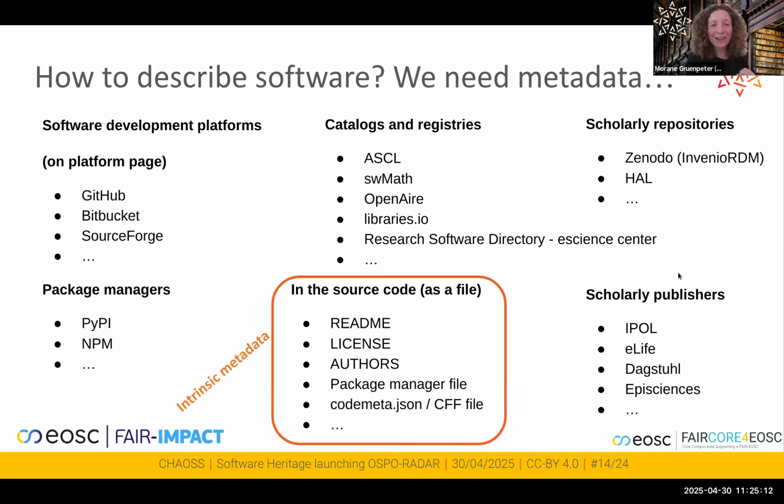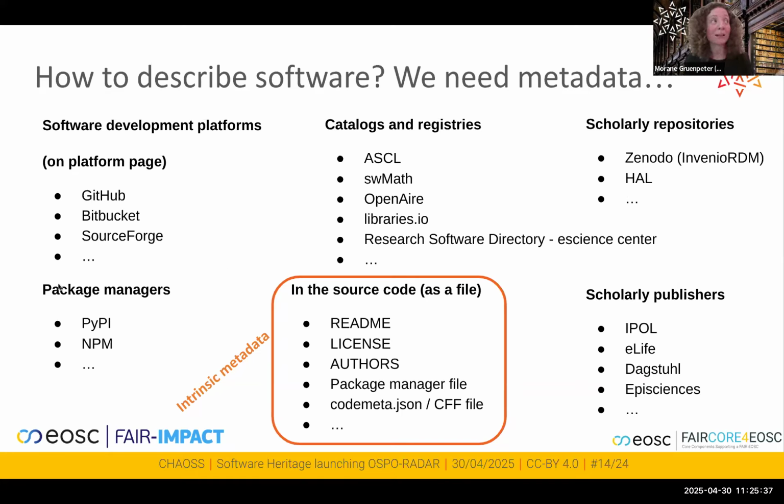And you might ask yourself how to describe software. We need the metadata. And where is the metadata available? Now we see that it's available in a lot of places. I've talked about the scholarly infrastructure, so you see HAL and Zenodo here. Scholarly publishers are also infrastructure with maybe better metadata than the one on the scholarly repositories.